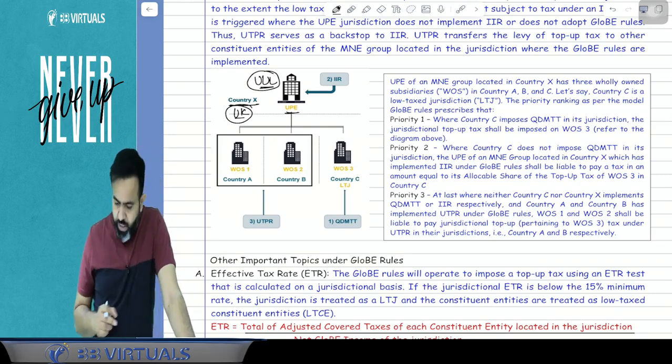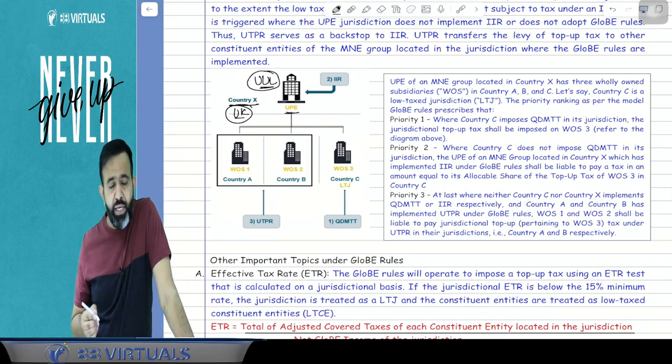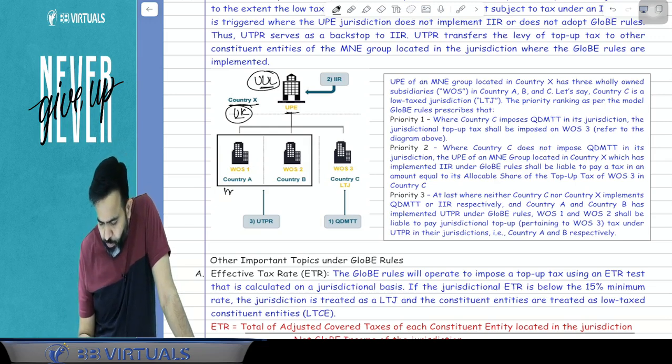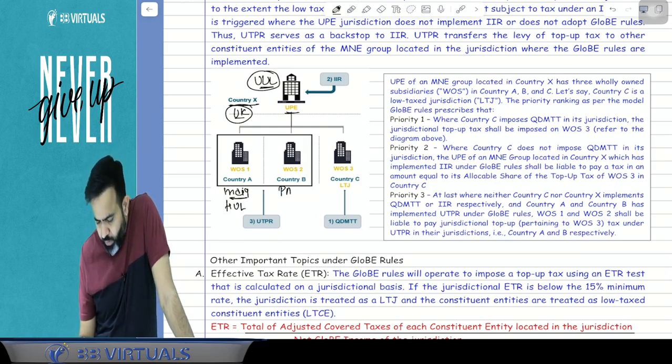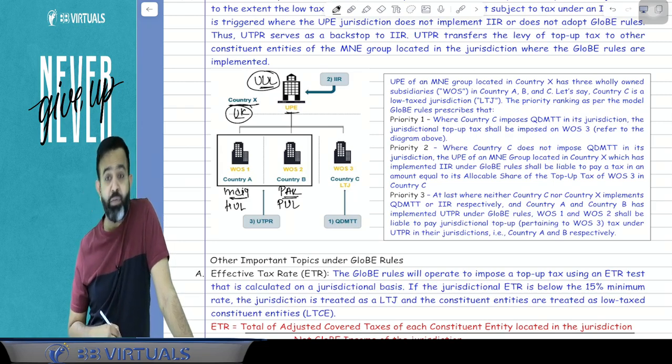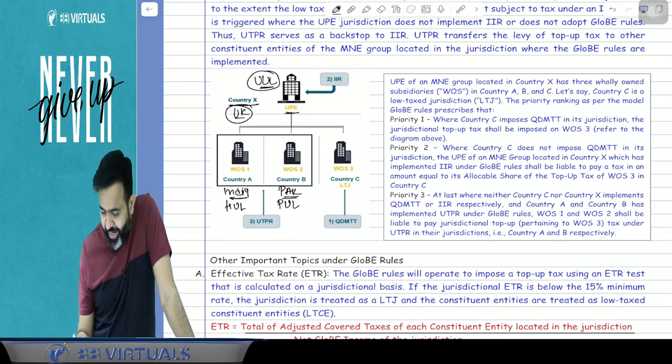Now, guys, this UK company has a company in India also. Suppose in India they have a company, HUL. In Pakistan also they have a company in the name of PUL, Pakistan Unilever Limited. And they have a company in UAE also, in Dubai.